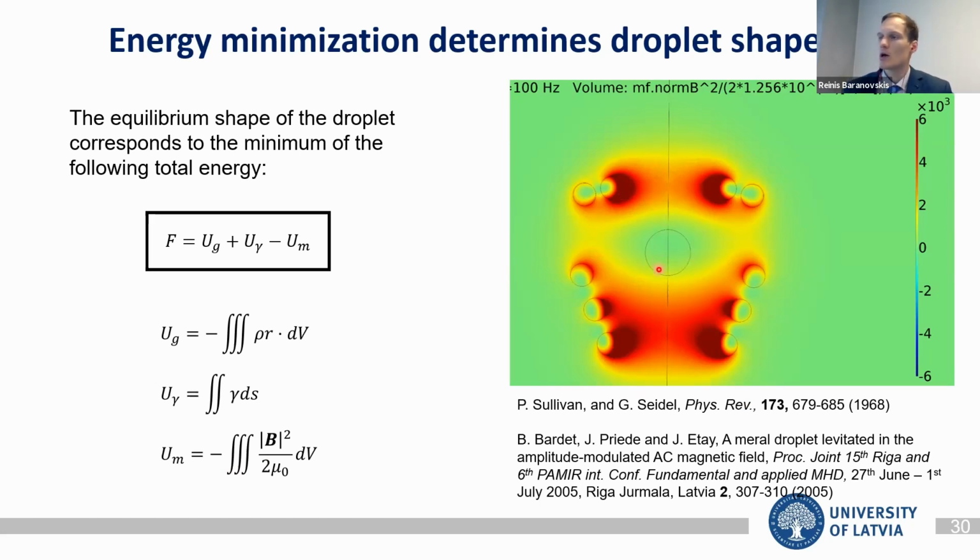And essentially, what this means is that metal will be repulsed by the current carrying inductor. And if we cranked up the inductor currents really high, this is the shape which the droplet would take, since it would dominate the surface tension forces and the gravitational forces.